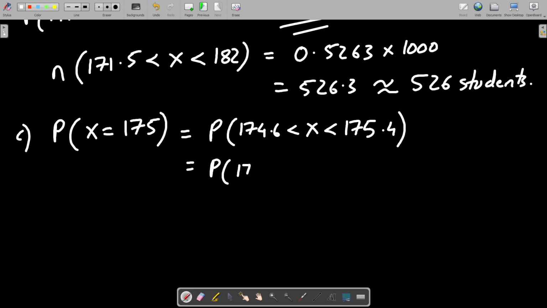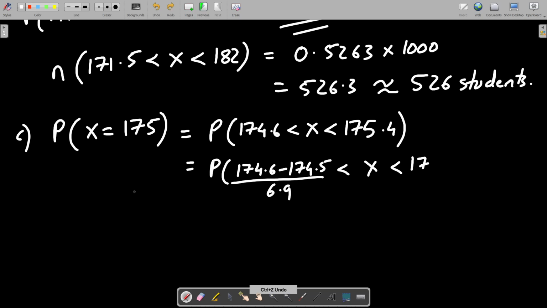So this is going to become probability of 174.5 minus 174.5 upon 6.9, less than z, less than 175.5 minus 174.5 upon 6.9.